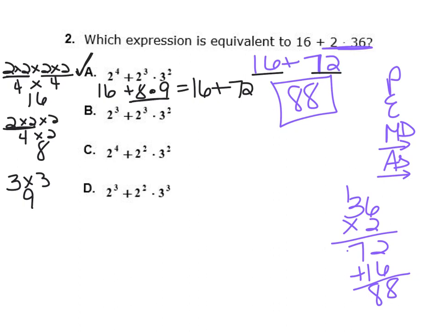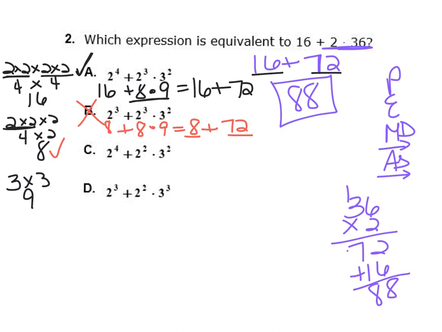So you have 2 to the 3rd power, which is 8, plus 2 to the 3rd power, that's 8, and 3 to the 2nd power, that is 9. And if you do 8 plus 8 times 9 is 72, that does not look the same. So that means that's not correct.